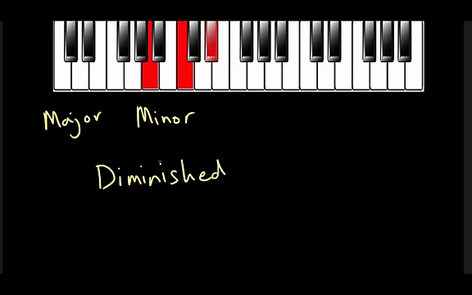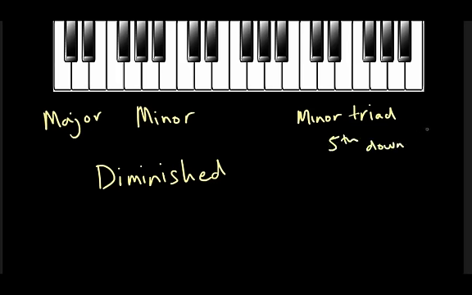And adding in the A and the C, we get that mysterious, slightly sinister sound again, and that's the A diminished triad. So that's our first method. We can take a minor triad and just move that fifth note down a semitone.